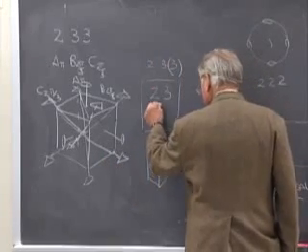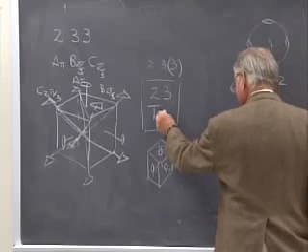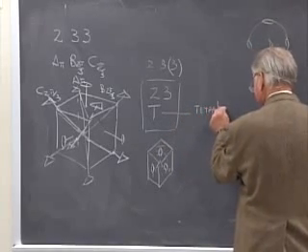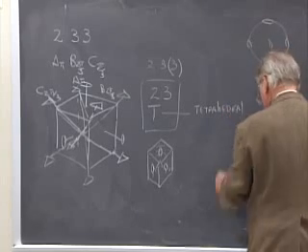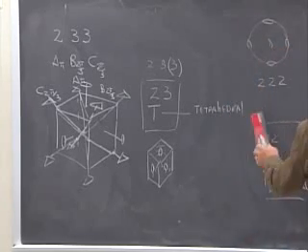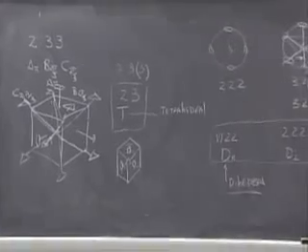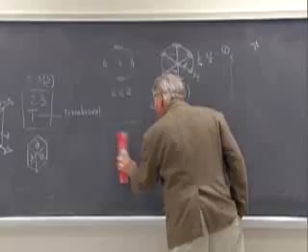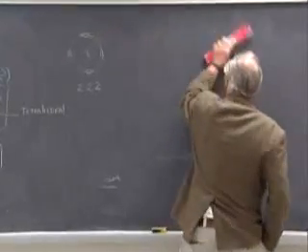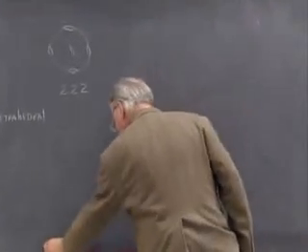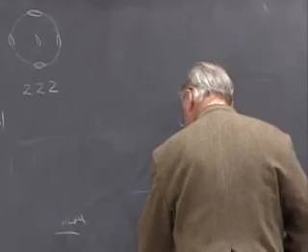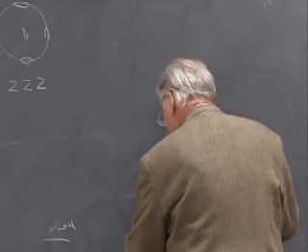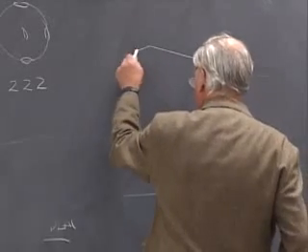The Schoenflies notation for this is T, and that stands for tetrahedral. And let me try to convince you that if I look at a tetrahedron, that is the arrangement of pure rotation axes in a tetrahedron. And the way to show a tetrahedron is to inscribe it in a cube.